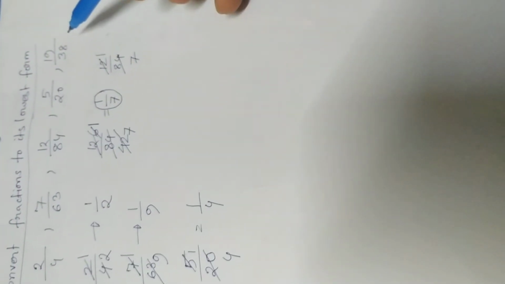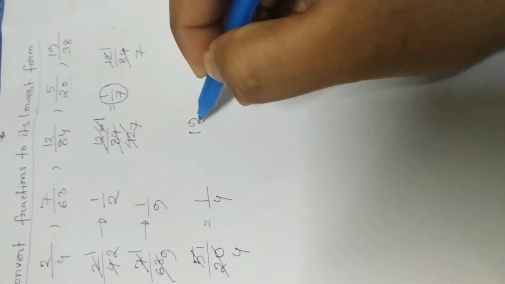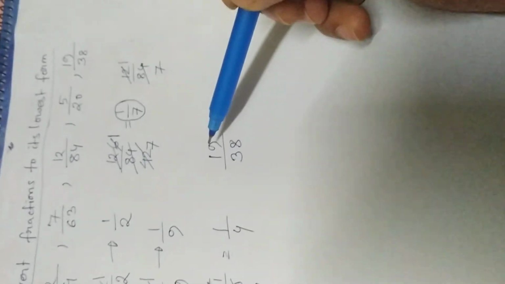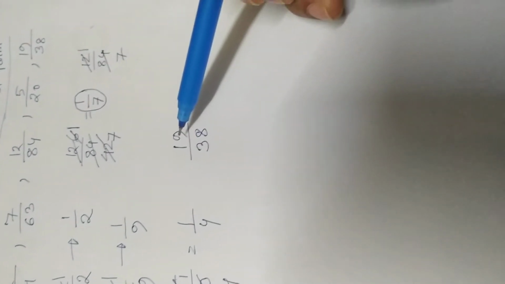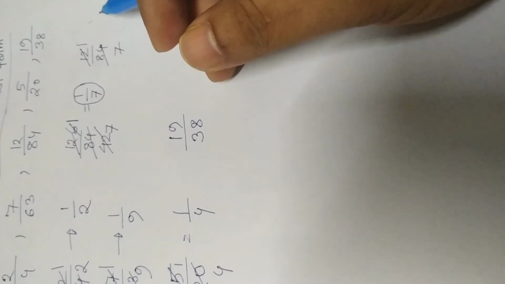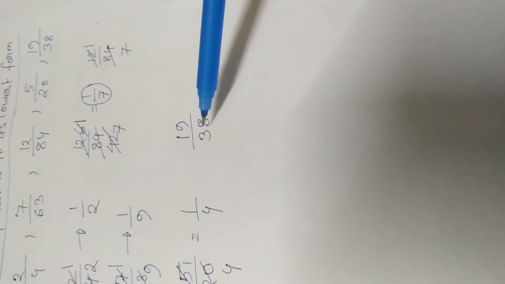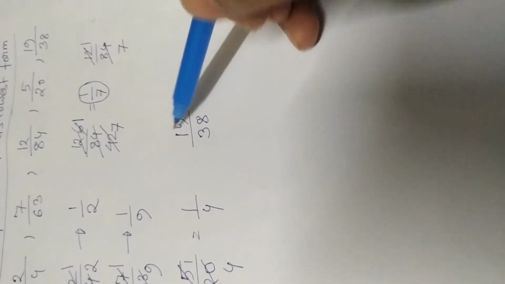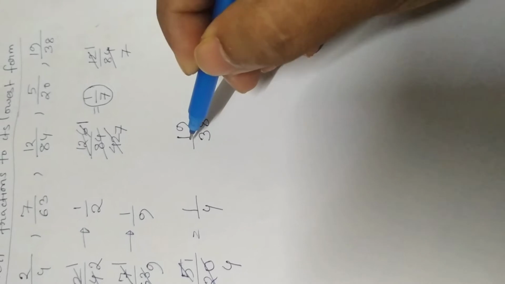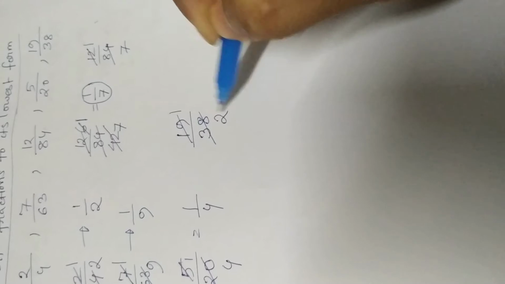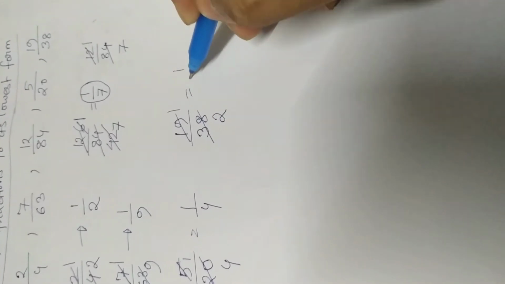And last one, 19 by 38. This is a big number, 19. We know it's a prime number, so it can only be divisible by 1 or 19 itself. So that means 38 needs to be divided by 19. If it's not divisible by 19, we cannot reduce it anymore. In this case, 19 ones are 19, 19 twos are 38. So the answer is 1 by 2.